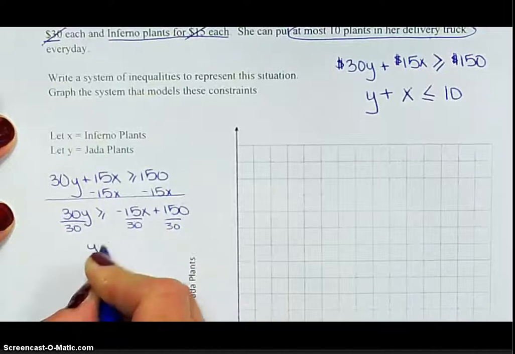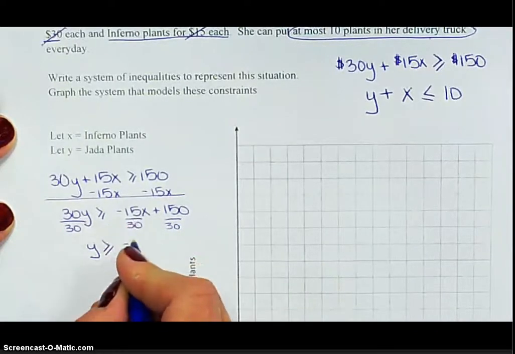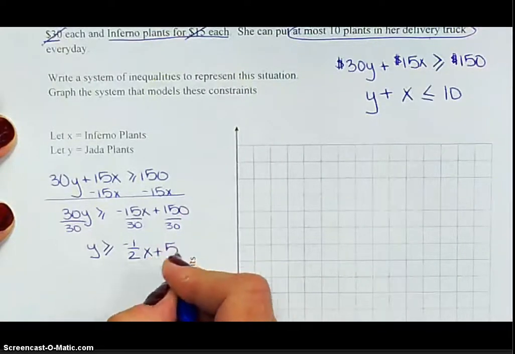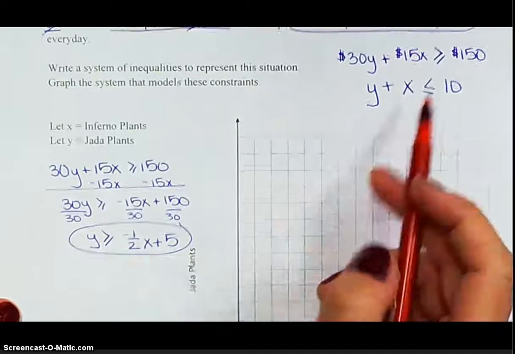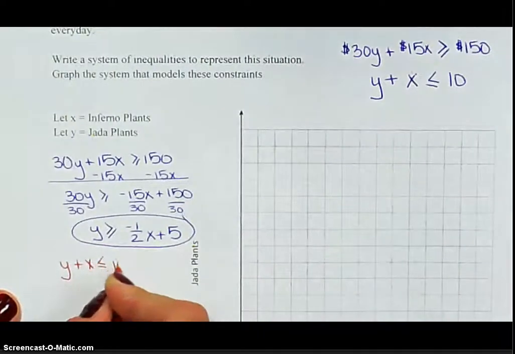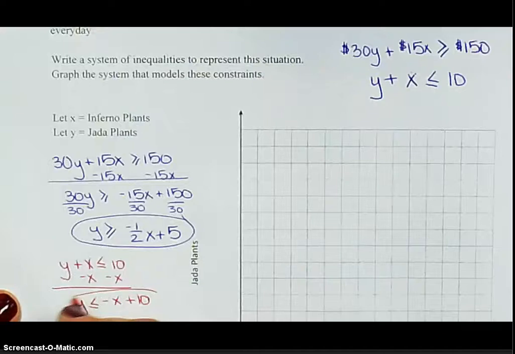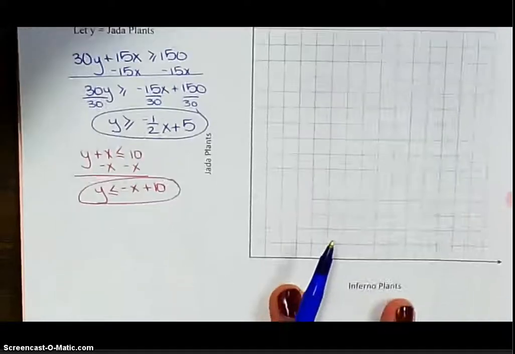So y is greater than or equal to negative 1/2 x plus 5. Here's my first equation. Now my second equation, I'm going to put that in red. Here we have y plus x is less than or equal to 10. I subtract the x to the other side, and y is less than or equal to negative x plus 10. Here's my second equation.